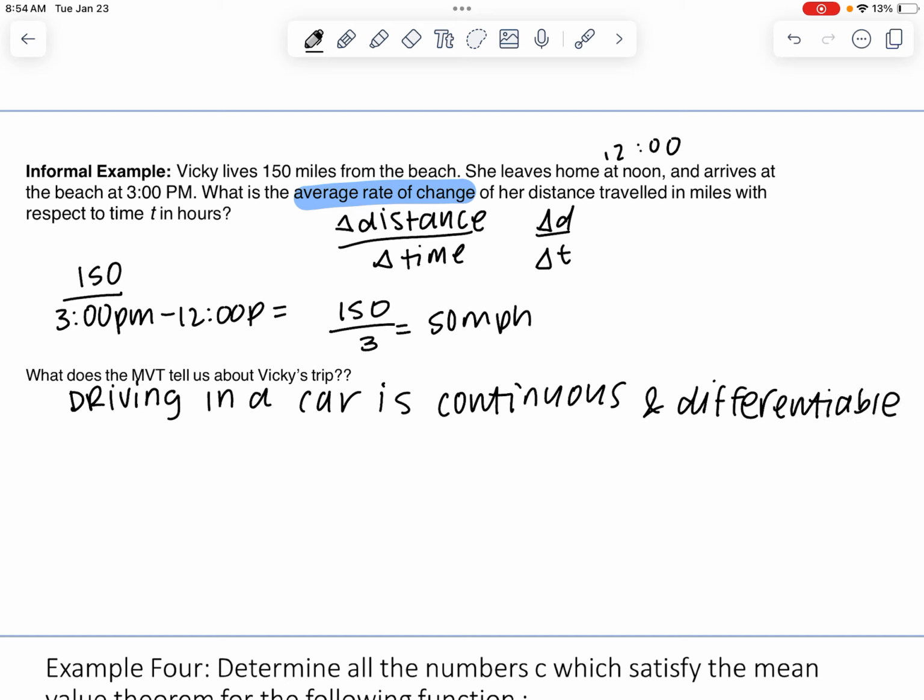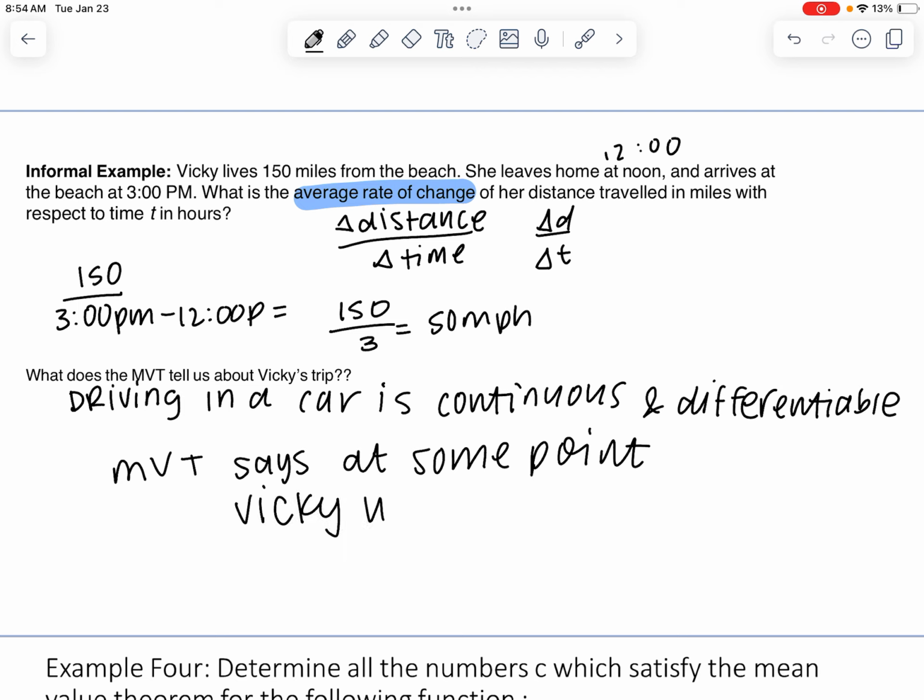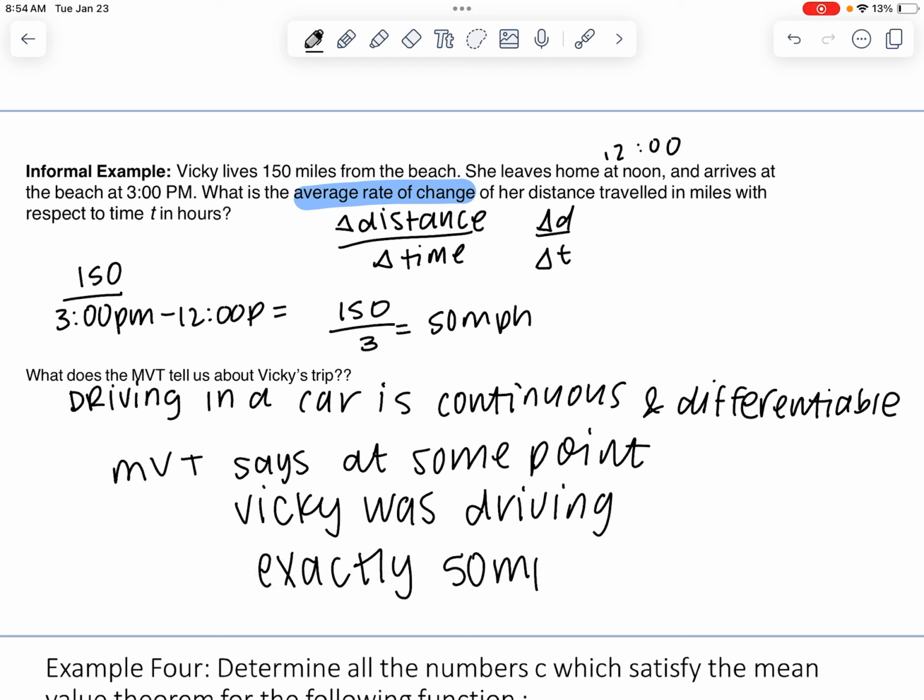And so because driving a car is continuous and differentiable, the mean value theorem says that at some point Vicky was driving exactly 50 mph. So that is the concept of the mean value theorem with a real world situation.